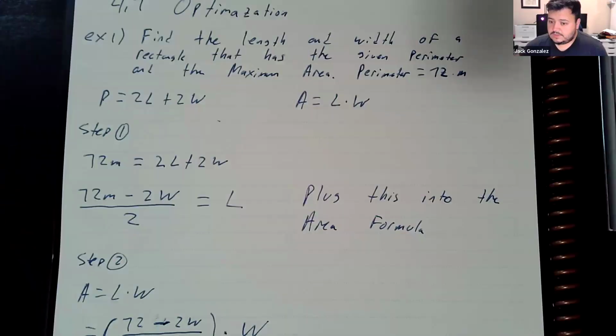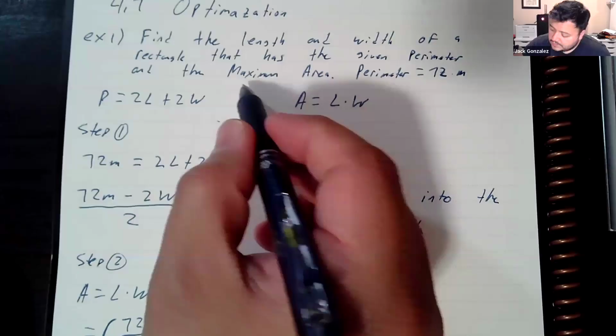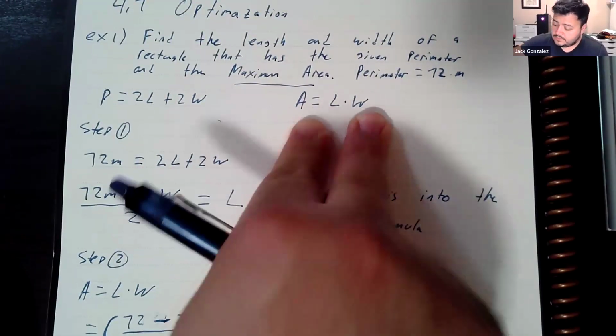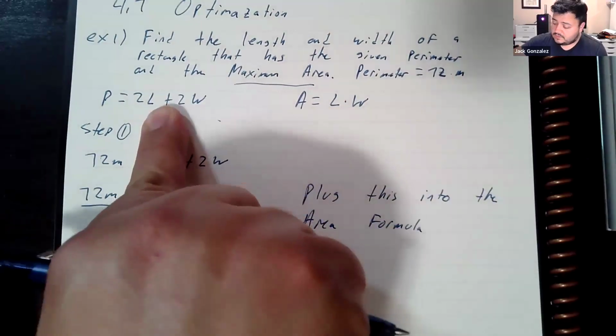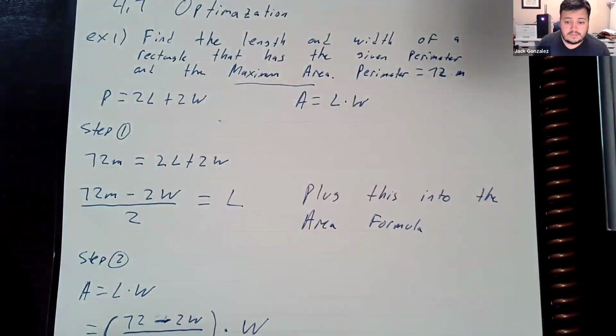They told me to maximize this. I have to take a derivative of this, but I wanted it in one variable. So I used the perimeter because they gave it to me, and the perimeter formula, to make this equation simple. And then we've been talking about maximizing and minimizing for a while. So we did that. That's all it was. Any questions on this first example?